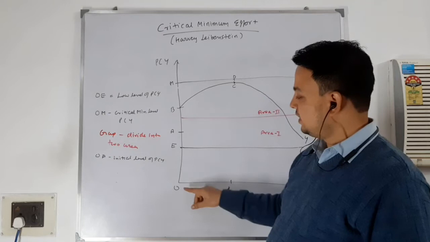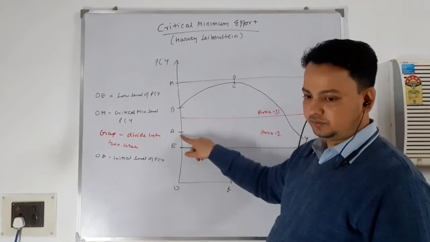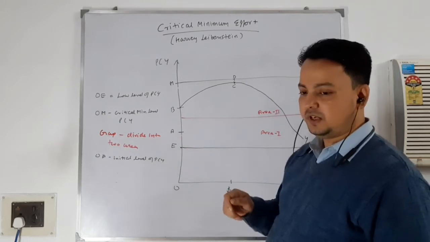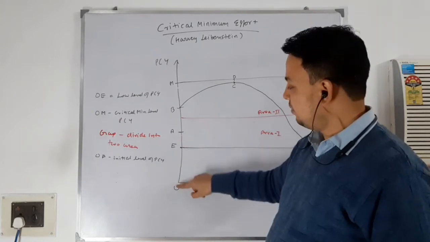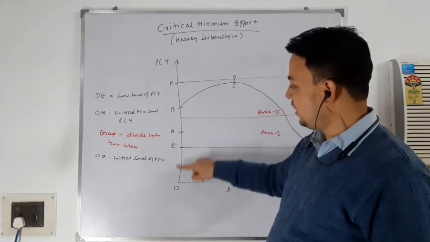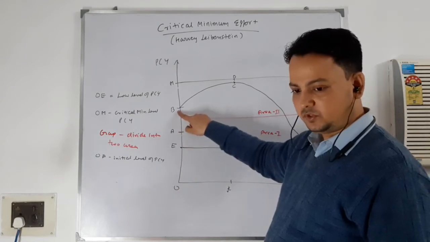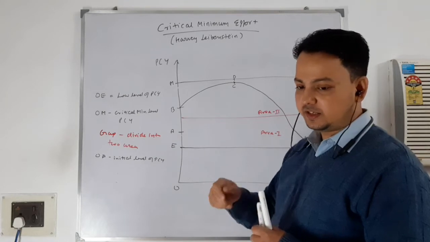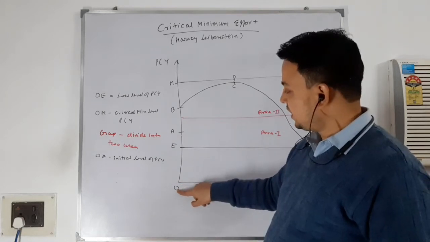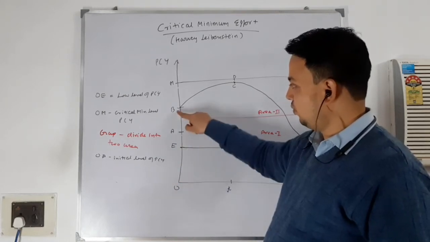My initial level of per capita income is OA. I have finished the first injection, or initial injection, of investment, and that shifts my per capita income from OA to OB.